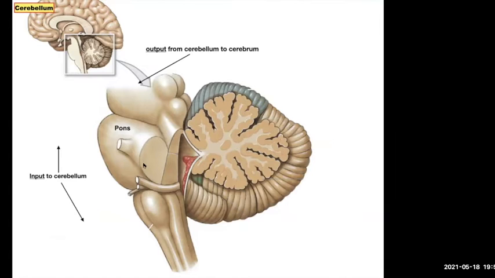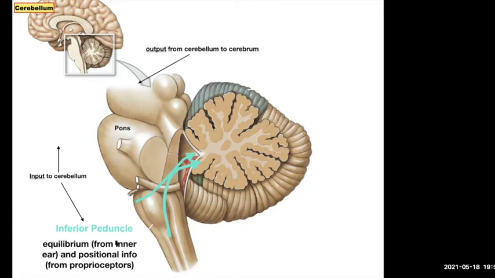Right? So your input to your cerebellum is going to be from your inferior peduncle, and that's going to be from your inner ear, right? Your equilibrium things of your semicircular canals, and then all those proprioceptors, your stretch and Golgi tendons, right, coming in, and they're going to enter your cerebellum with that information.